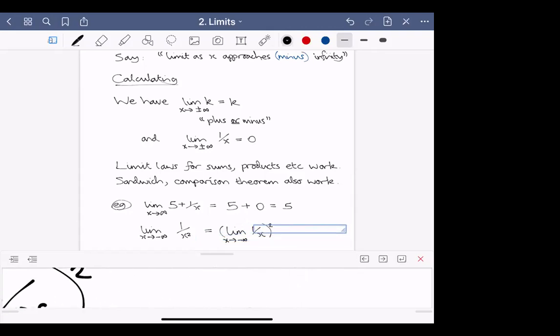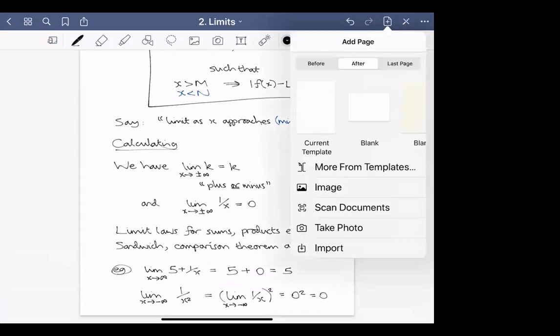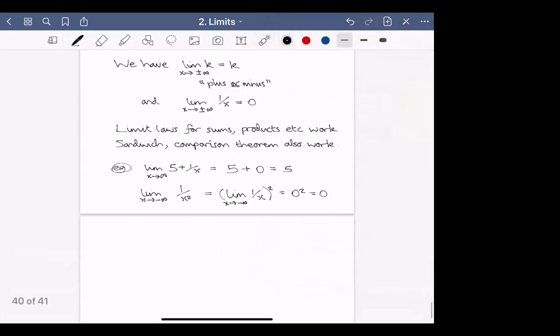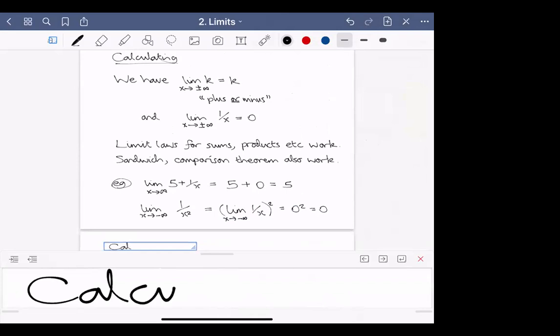And we said that's 0. Okay, so a more challenging example is given by rational functions.